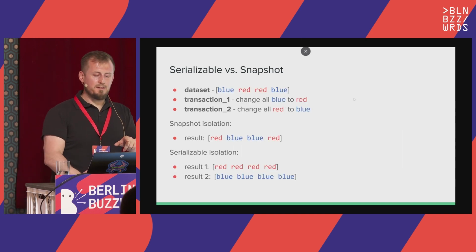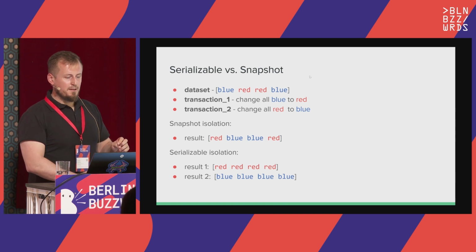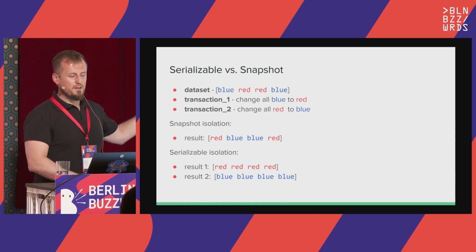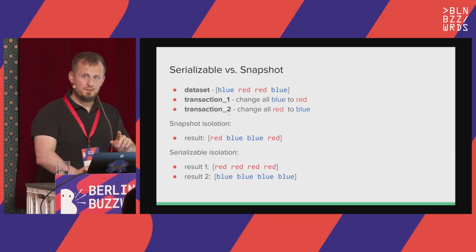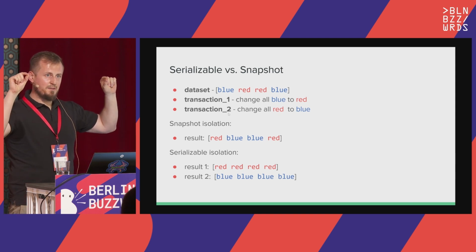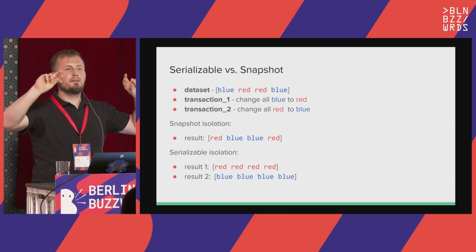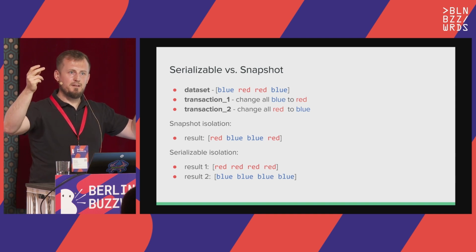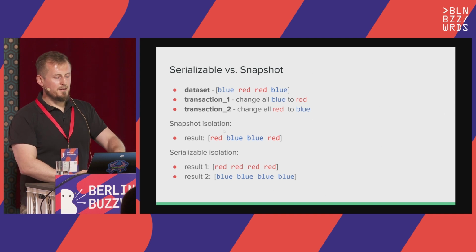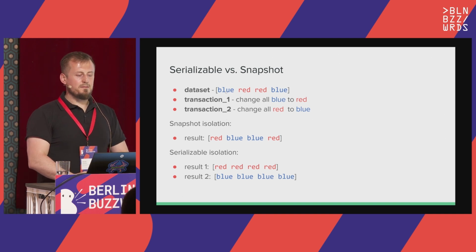And this is an example of what the difference can be. So if we start with a data set that consists of 4 rows, blue, red, red, blue, and transaction 1 flips blue to red, and transaction 2 flips red to blue, if you have snapshot isolation, both transactions start with the same snapshot and write modifications according to what they see at that snapshot, right? Transaction 1 flips those blues to red, and transaction 2 flips those reds to blue, and in that case, we end up with this data set.